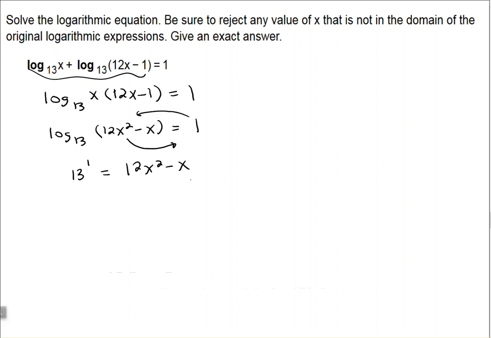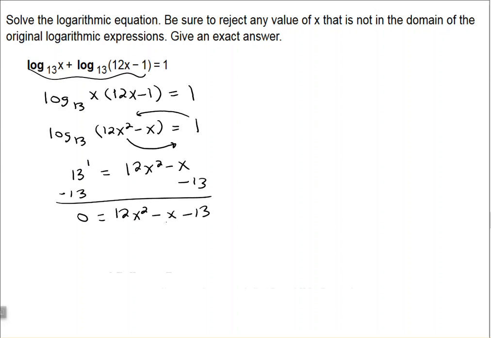I see that this is a quadratic equation because I have x squared in there. So that tells me that I want all of my terms on the same side of the equal sign. So now I'm going to subtract 13 from both sides of the equation. And I need to factor this.